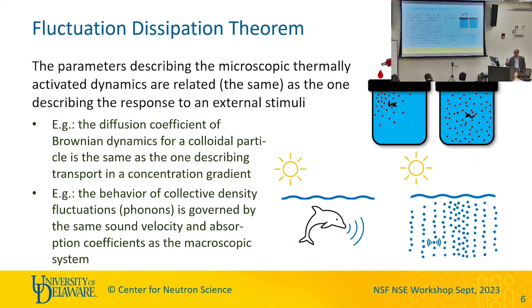So if we want to learn how your system responds to a stimuli, we can learn how the system behaves in terms of its thermal fluctuations. Here, as I mentioned already, the case of diffusion. Another example is related to sound wave propagation. The way sound waves propagate is the same way as the system dissipates density fluctuations in the system.